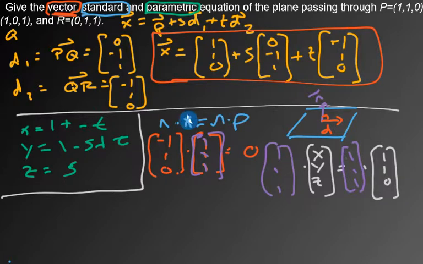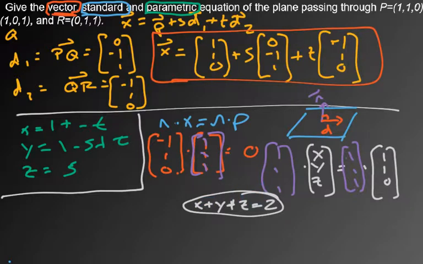And so that is just plugging into here, n dot x equals n dot p, just from that p. And then if you go and multiply that out, if I did this right in my head, I would get x plus y plus z equals 2. So that is kind of your standard or normal form of the plane.